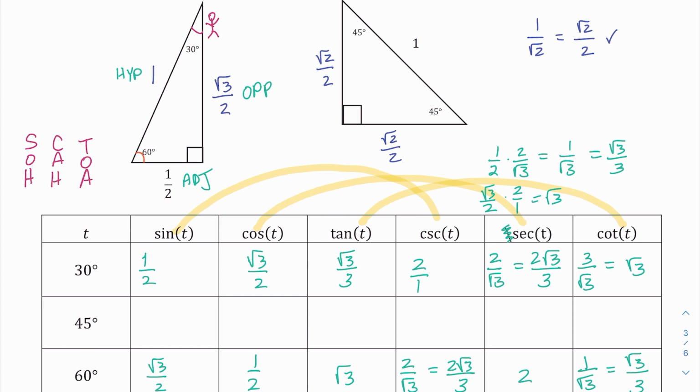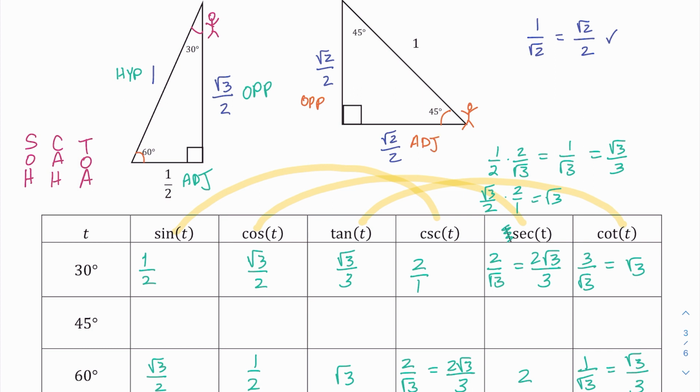All right, now we're finally ready for this 45-degree angle. So I'm over here on my 45, 45, 90 triangle, and it doesn't matter which angle I stand at because of the symmetry there. So let's say I'm standing in the bottom right corner here, and I want to label my sides accordingly. Once I'm standing down there, this is the opposite.